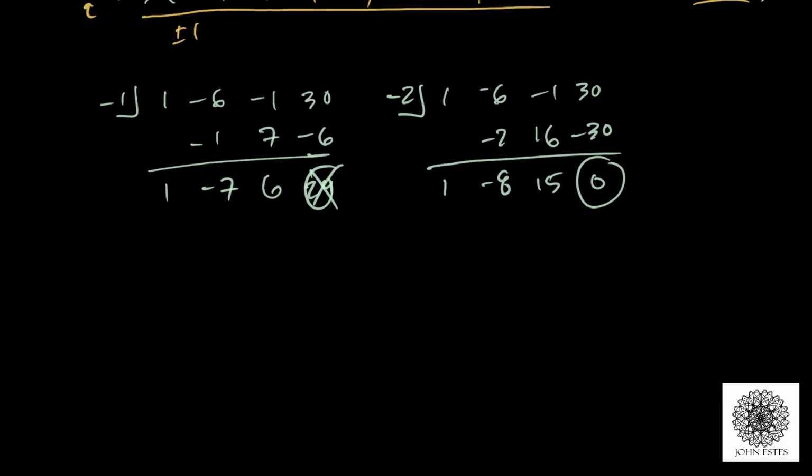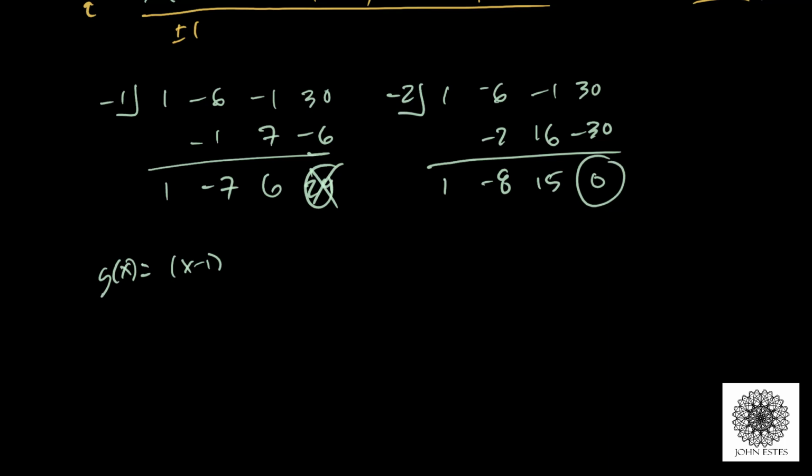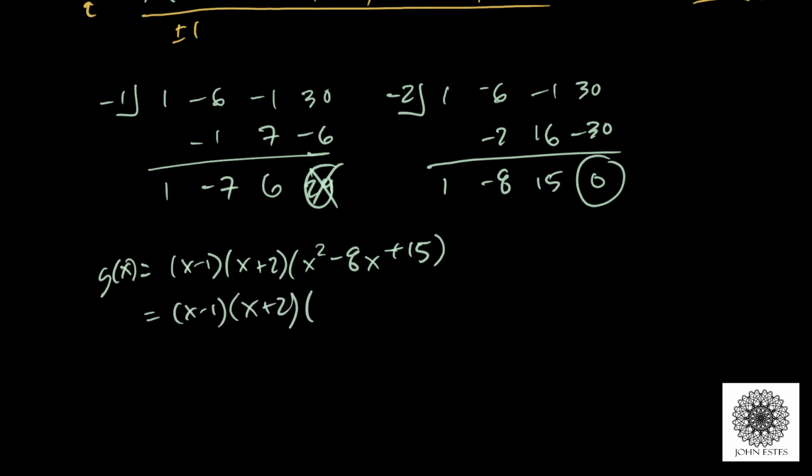This means that g of x can be written as x minus 1, x minus a negative 2, which is a plus 2, times x squared minus 8x plus 15. Okay, and since that's a quadratic, I can factor that. I get x minus 1, x plus 2, and then two things that multiply to give me 15, add to give me negative 8.